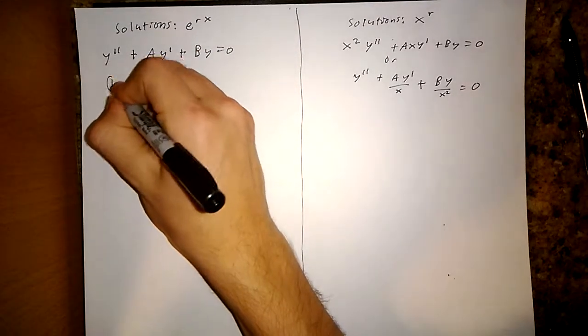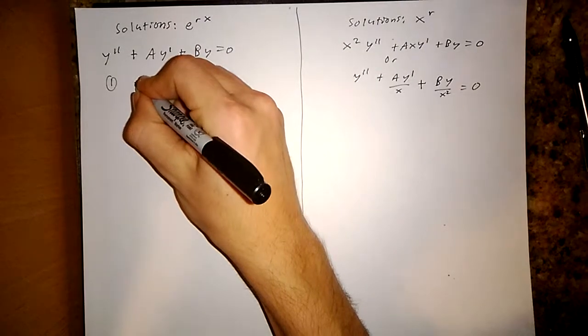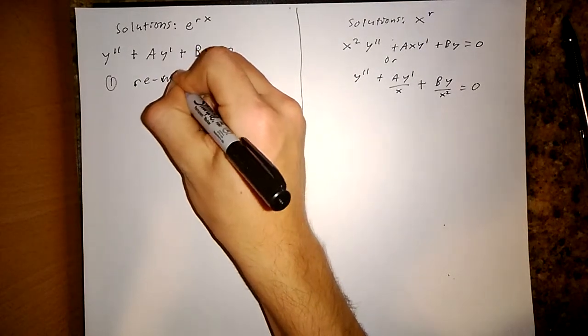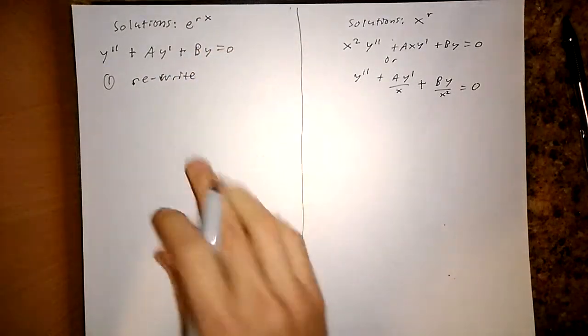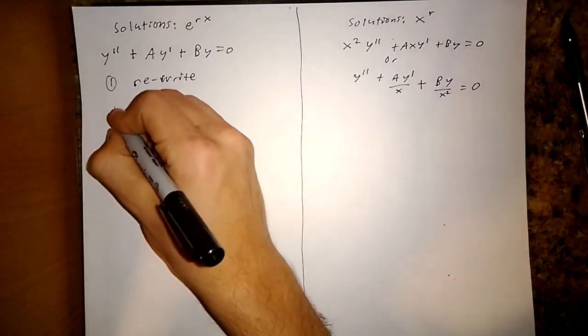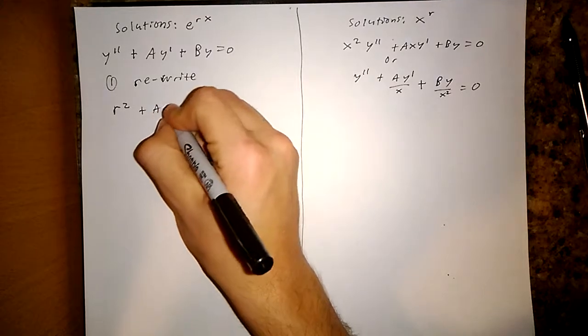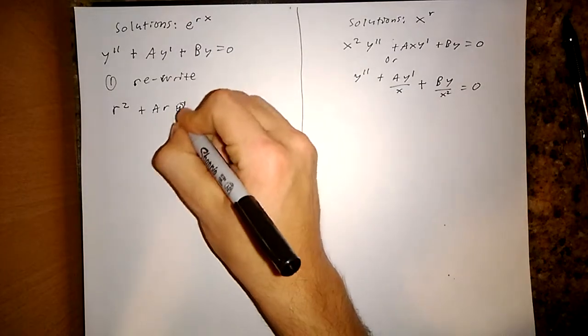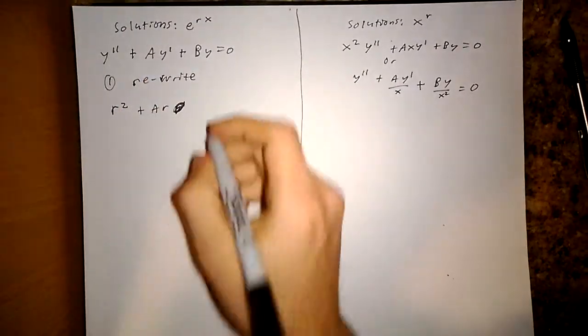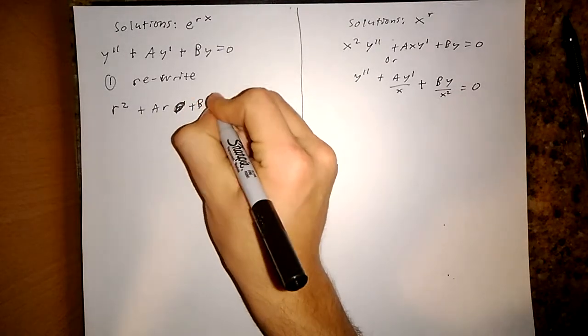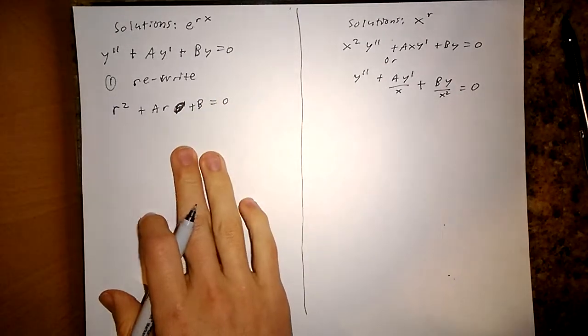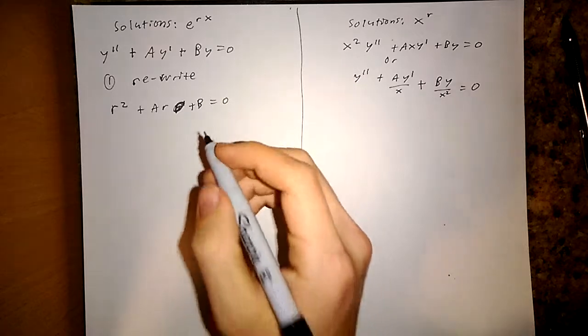So first thing you're going to want to do is rewrite it with r's. R squared, because of the double derivative, plus ar plus b equals 0. Now you're going to want to factor.